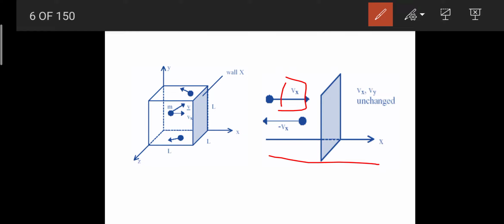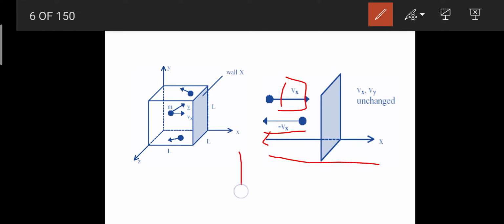So the molecule will change its path without changing its speed. So there will be no change in magnitude of velocity, and that's why we say the velocity becomes minus Vx. Hope you are understanding this very well.